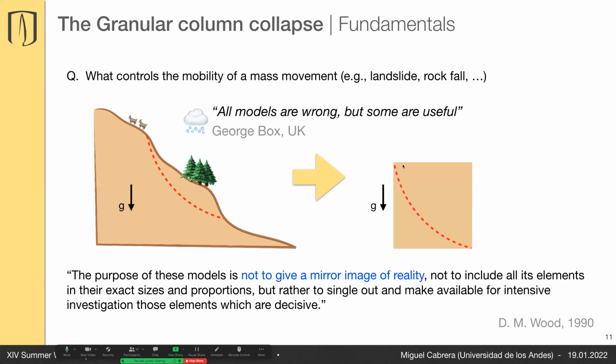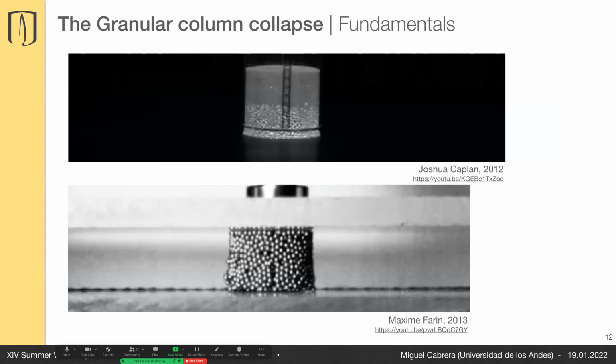And this prismatic block will show a sliding plane as well. This sliding plane will be there whether or not we change the dimension of this prismatic block. And this is what we call a column collapse. So in a column collapse, we want to abstract all the complexities of a mountain into a prismatic block.